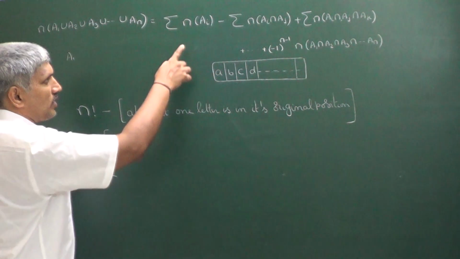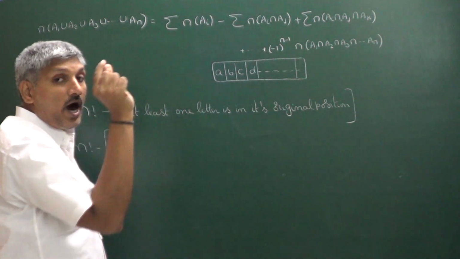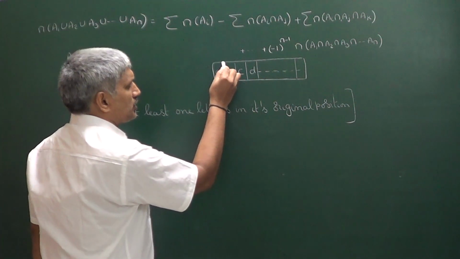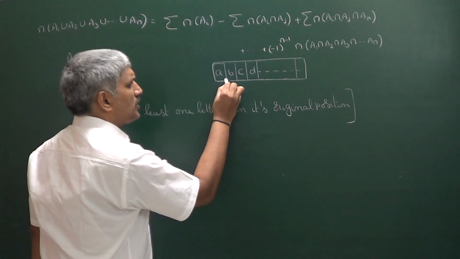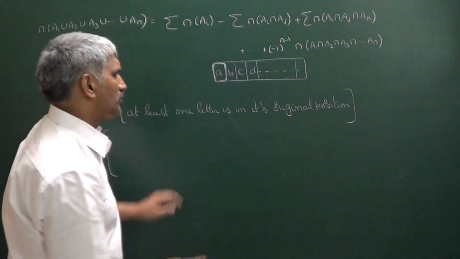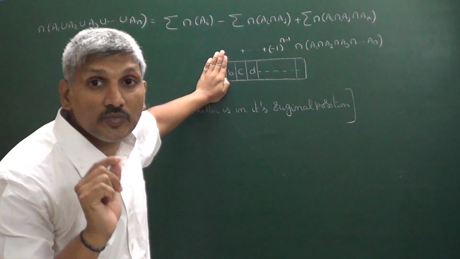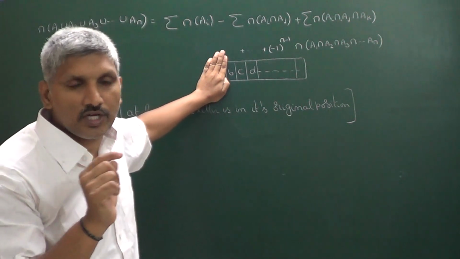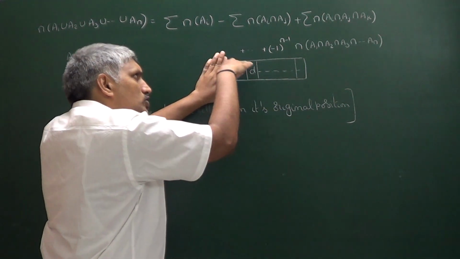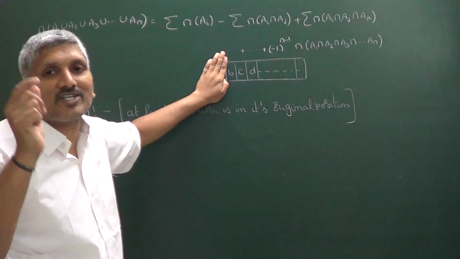So what is the first term meaning? N of Ai: the ith letter is in its original position. Suppose this letter must be in its original position only. Then we forget about this letter. The remaining n minus 1 letters can be arranged in those n minus 1 places in n minus 1 factorial ways.